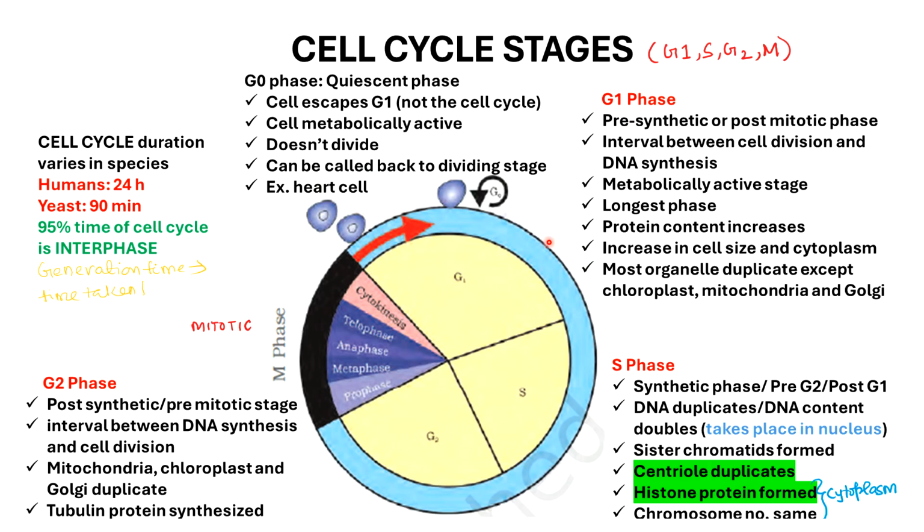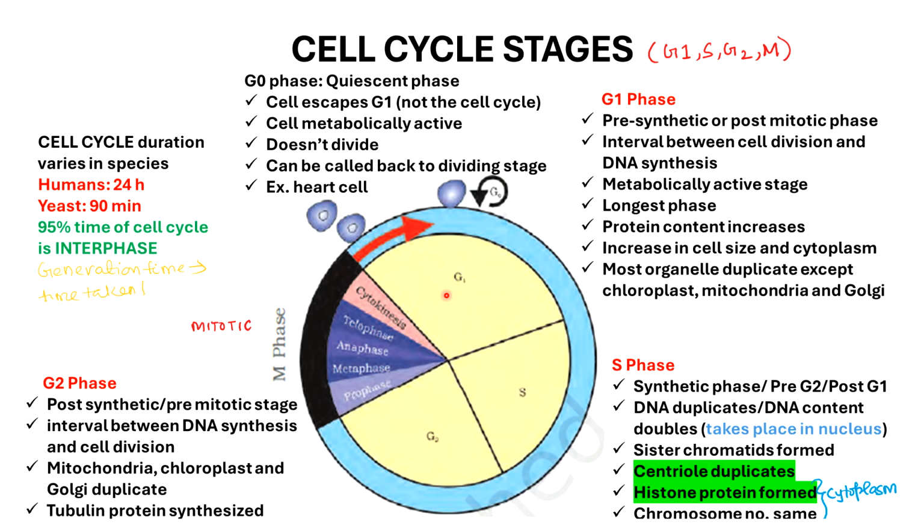Now, if you see, this G1 phase is the longest phase of the interphase as well as the cell cycle. Very important question: the longest stage of the cell cycle is G1 phase. In whole it is interphase, and if you compare all the stages, among them G1 is the longest phase.